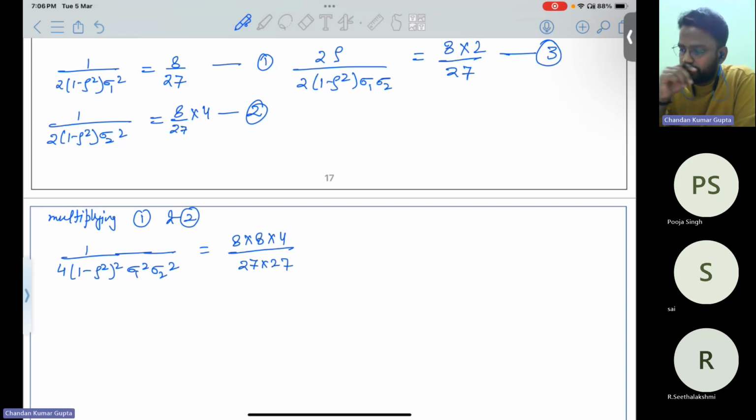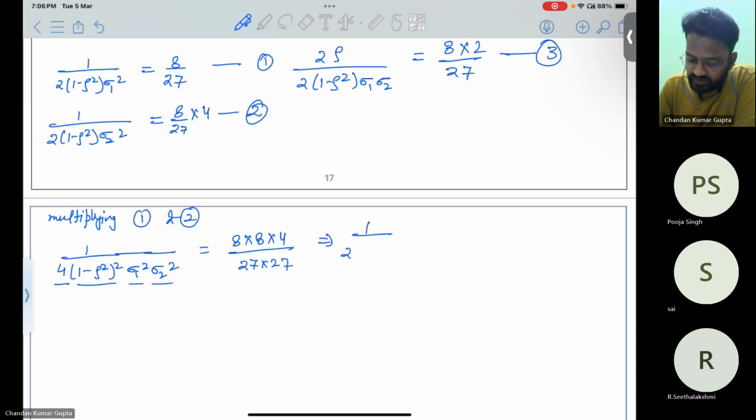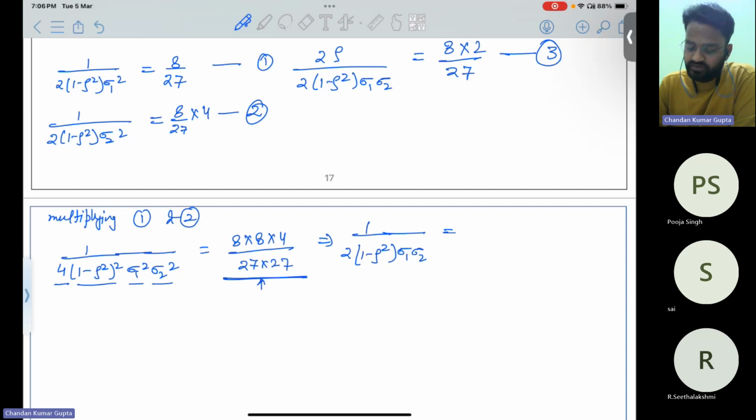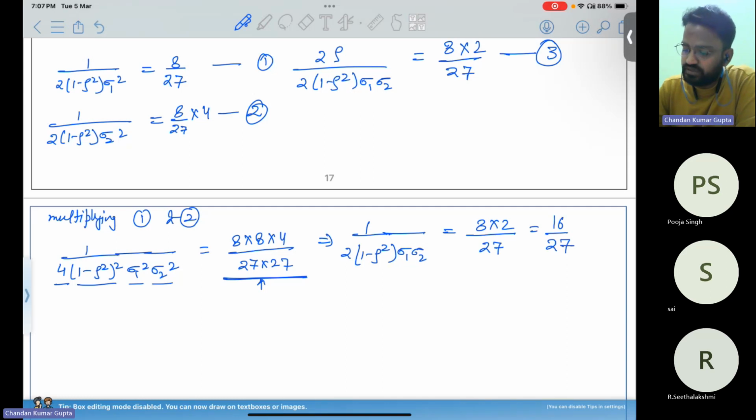Everything here is a square. Then 1 upon 2 (1 minus rho square) sigma 1 sigma 2 is equal to the square root of this quantity: 8 into 8 is 64, so it is 8 into 2 divided by 27, which is 16 upon 27.